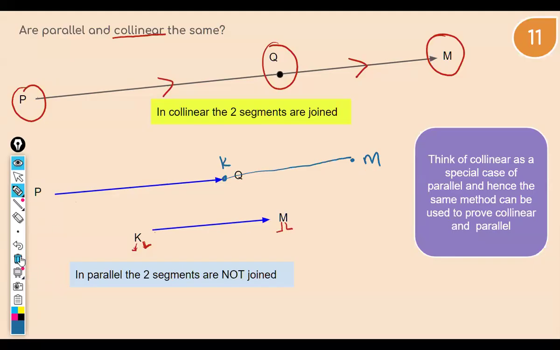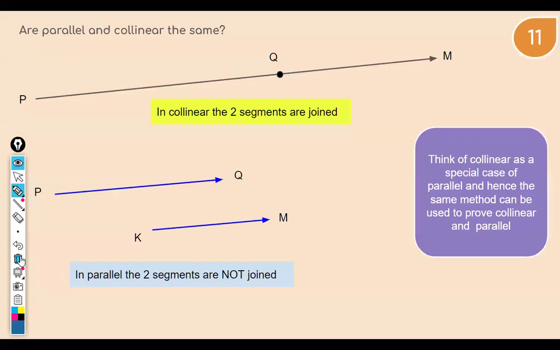Now, because collinear and parallel are so similar, they share a similarity. In maths, sometimes the examiner will ask you to prove that two lines are collinear or two lines are parallel.